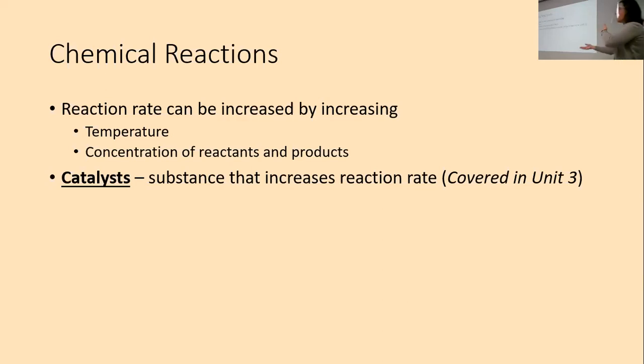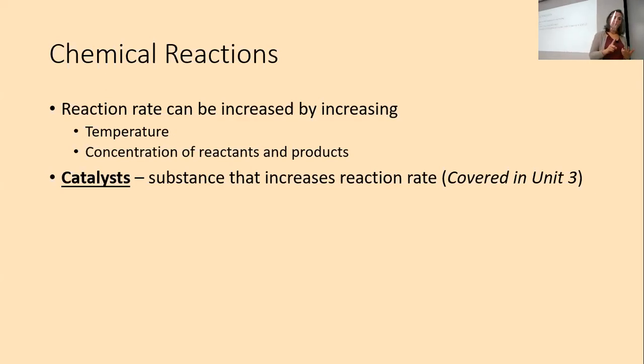It's just that atoms and molecules and compounds are bumping into each other, and their electrons are interacting however they will naturally interact. So if you have some system where a reaction is taking place and you increase the number of those molecules and compounds, they're going to bump into each other and react more often because there's more of them there to interact. So we can increase chemical reaction rate by increasing temperature or increasing the concentration of the reactants and products.